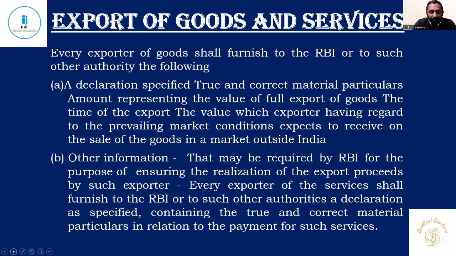These are to be informed to RBI. The other information that may be required by RBI is for the purpose of ensuring the realization of the export goods proceeds by such exporter.